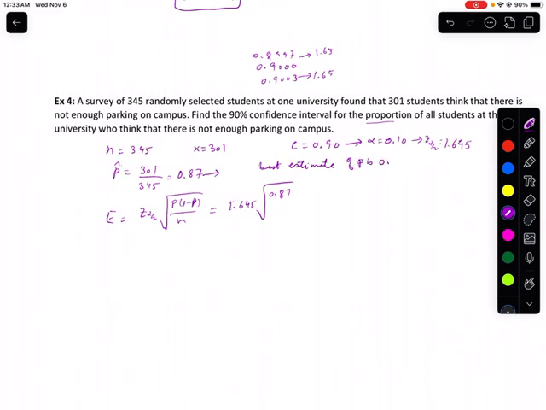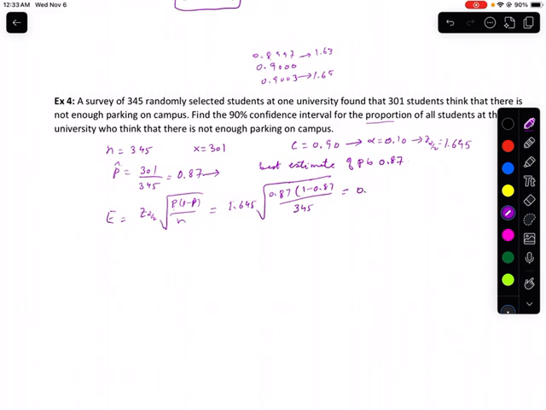So that's why we need the P in the formula, but we are actually using P hat. When you do the calculation, you get 0.03. So that is the error.